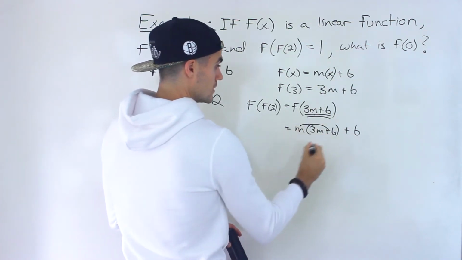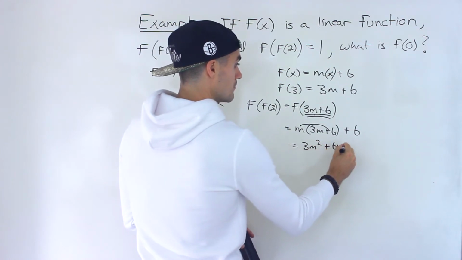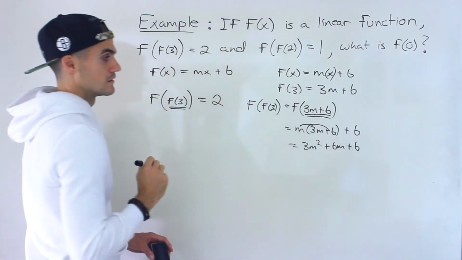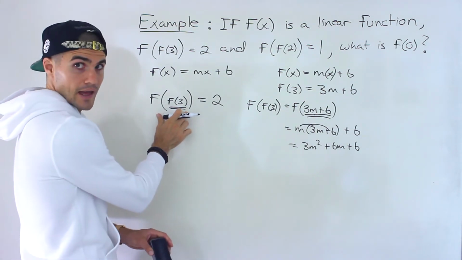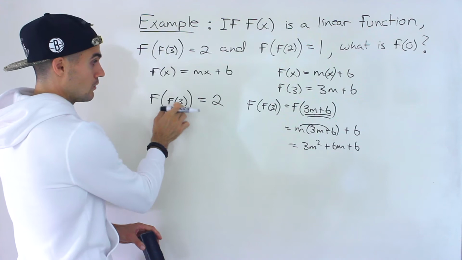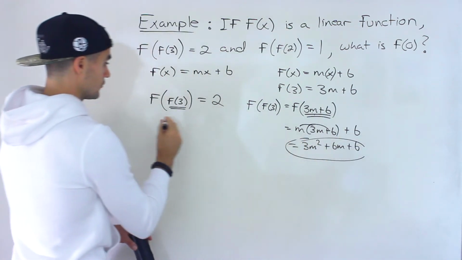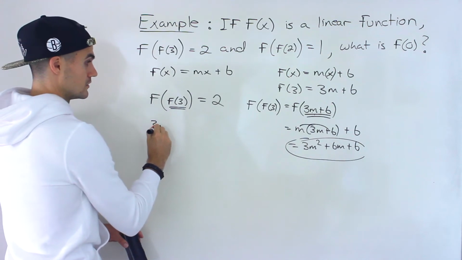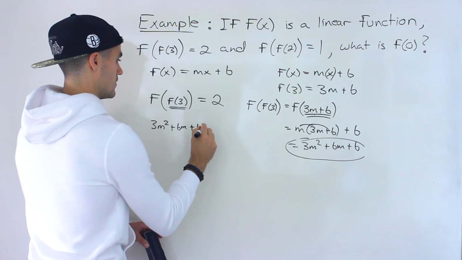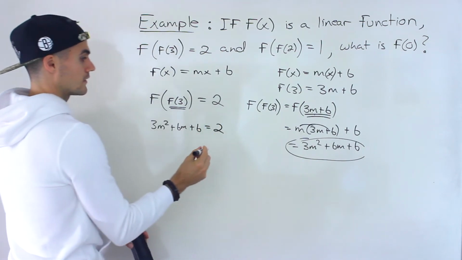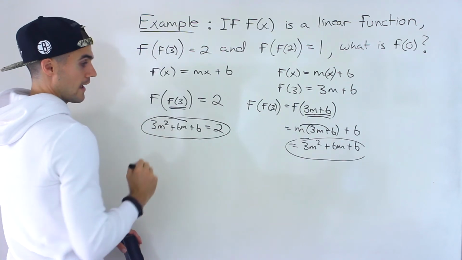Now, if you simplify this, it ends up being 3m squared plus bm plus b. So that's what the left side ends up being equal to, and we know that that's equal to 2. So we can make an equation here, and that's one of the equations we're going to use to solve for the m and the b.